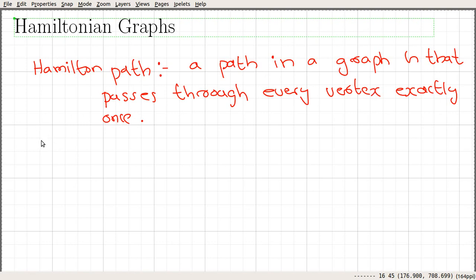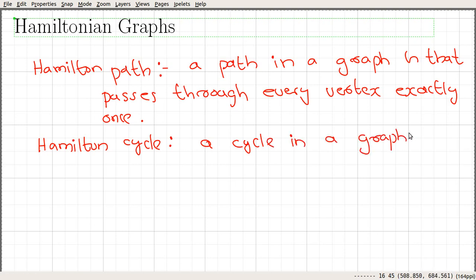Similarly, we have what is called a Hamilton cycle. A Hamilton cycle is a cycle in a graph G that passes through every vertex exactly once.